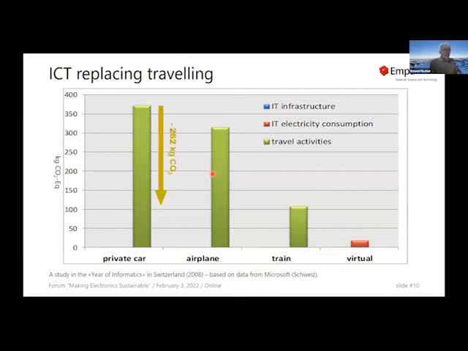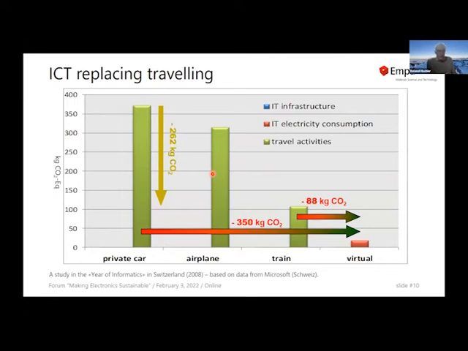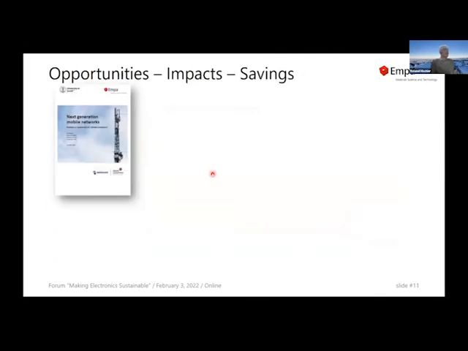So first thing we can see is that the way how I travel can influence quite considerably the overall impacts of my meeting, because I can reduce by switching from the car to the train by more than 260 kilograms the global warming potential of my trip. I can even more reduce it, even by almost 100 kilograms more by switching from train to a virtual meeting. So again, ICT shows a much lower impact than the traditional way of traveling to a meeting.